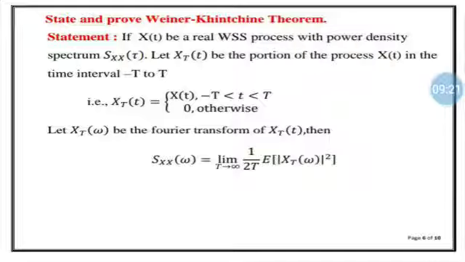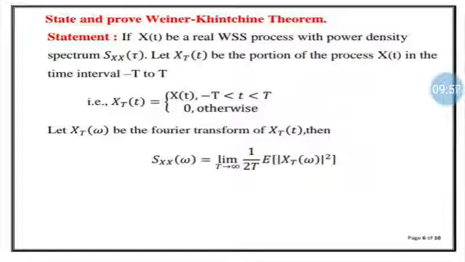Now we see, state and prove the Wiener-Khinchin theorem. Statement: if x of t is a real WSS process with power spectral density Sxx of omega, let xT of t be the portion of the process x of t in the time interval minus T to T. That is, xT of t equals x of t, where t varies from minus T to T, and 0 otherwise.